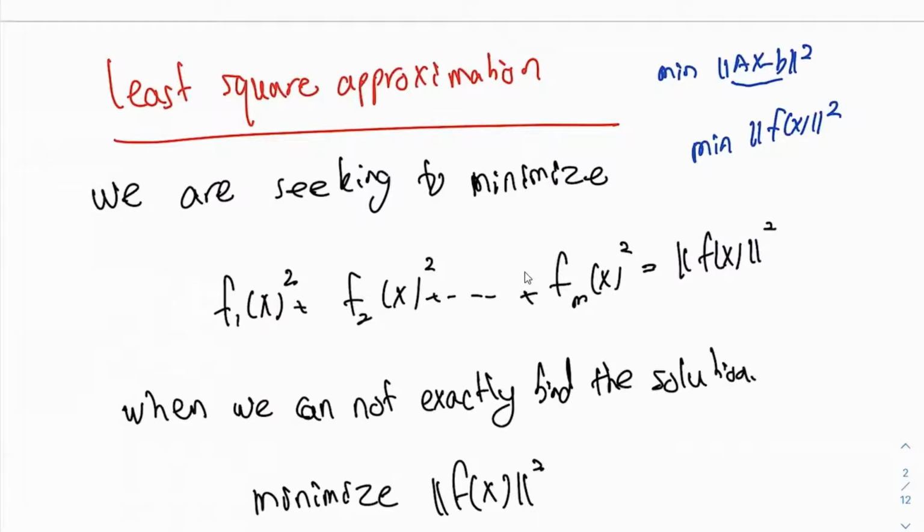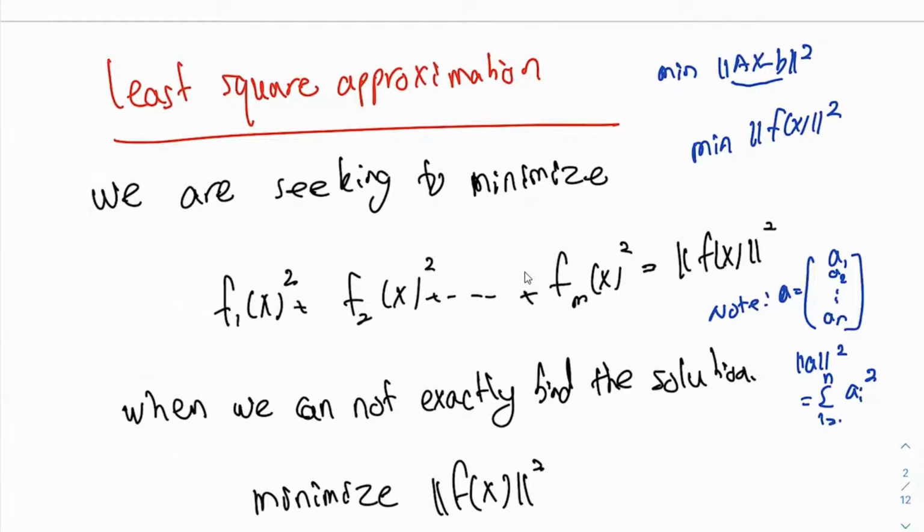Note, if a is a1, a2, all the way to an, the norm of a squared is nothing but the sum of squares of each component, i from 1 to n. The same thing is here.